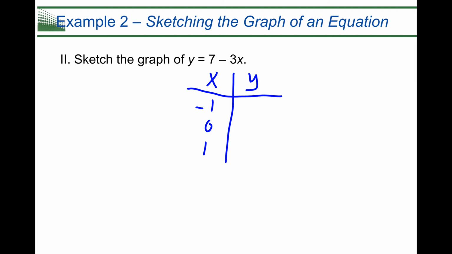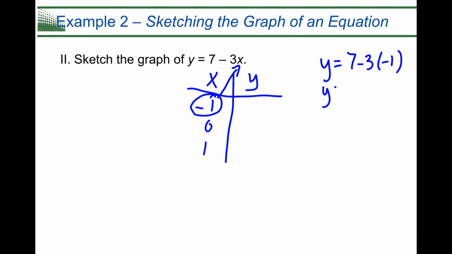Just like you did in the previous slide, you're going to take this x value and plug it in to the equation. This time we're only plugging in one letter, so we're actually going to get a value to come out instead of just a statement. So over here to the side, I could say y equals 7 minus 3, and anytime I plug in for a letter, I always like to put in an empty bracket. I'm going to put in -1 here.